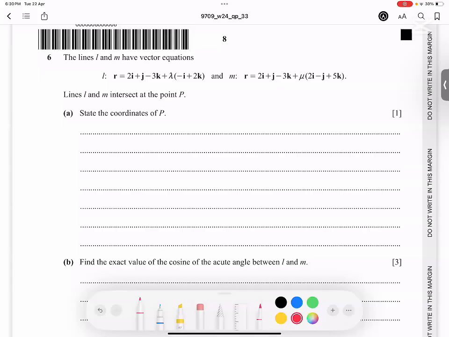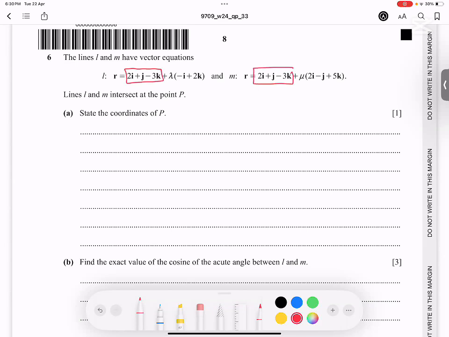Question number 6: we have line L and M with vector equations. You can see two lines, line L and line M, and they intersect at P. It asks for the point in only one mark. You can see from here, is this point the same or not the same? Exactly the same.